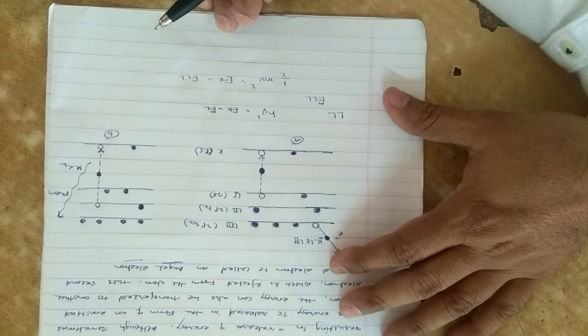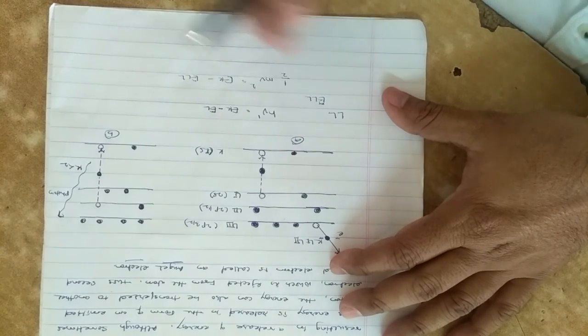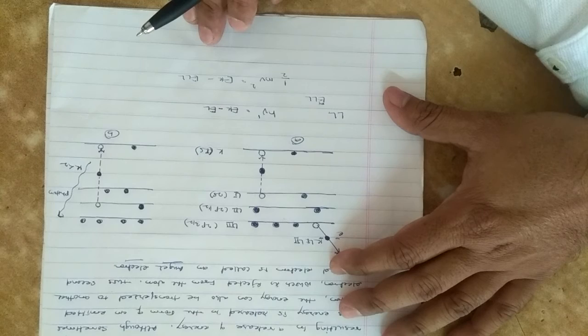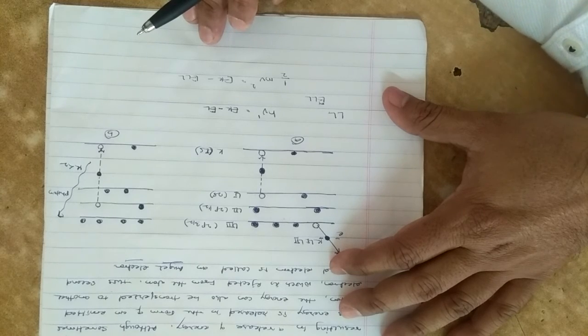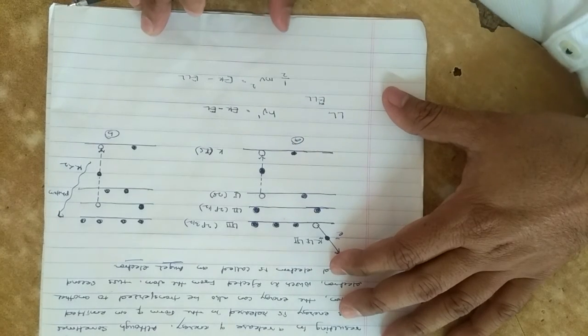Such a radiationless transition resulting in the ejection of two electrons, this one and this one, from the same atom is known as the Auger transition, and this phenomenon is known as the Auger effect.